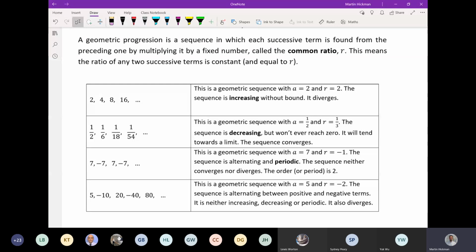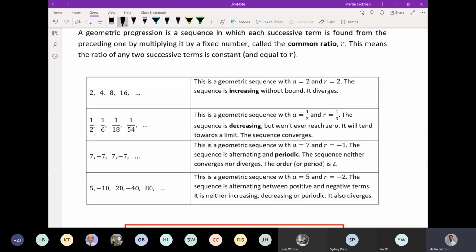So we have some examples of geometric progressions below. 2, 4, 8, 16 is obviously a geometric sequence. We have our first term, and yet again we use A for our first term, so A would be 2, and then R is our common ratio, because we multiply each term by 2 to get to the next one.